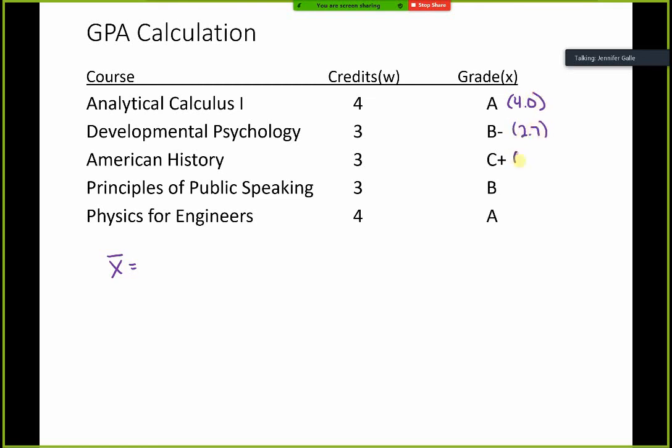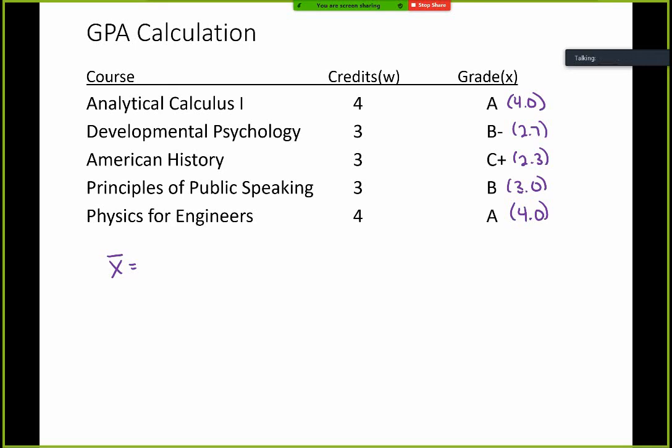A C plus is 2.3. A B is a 3.0. And then again, we have another A, 4.0. This looks like my first semester of college, my freshman year.